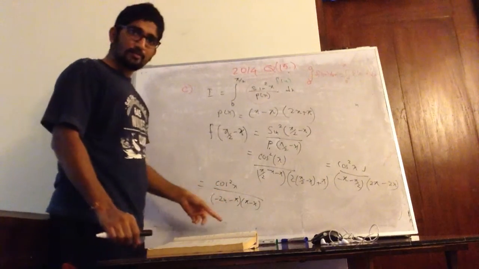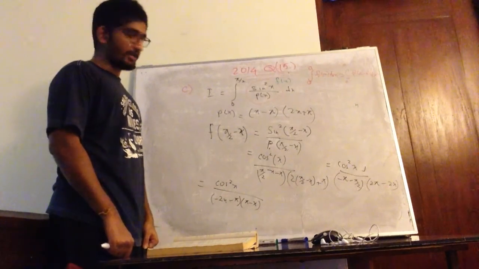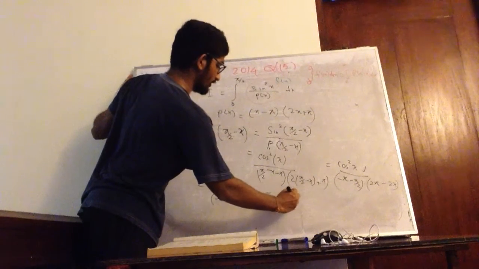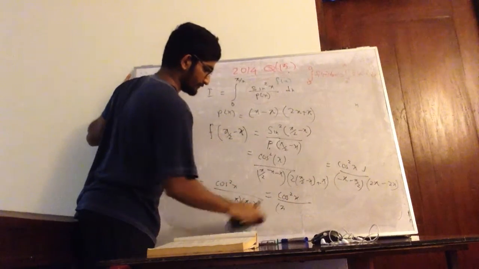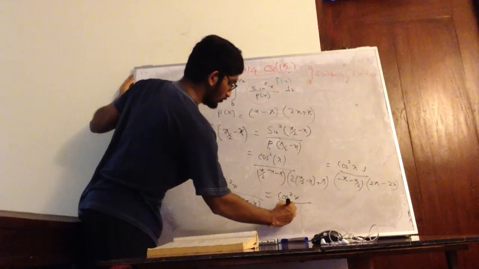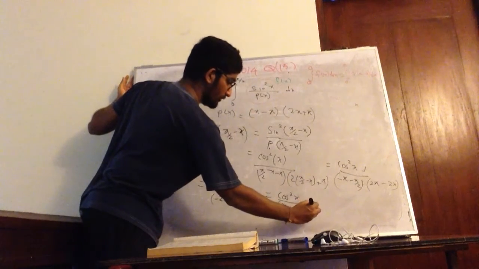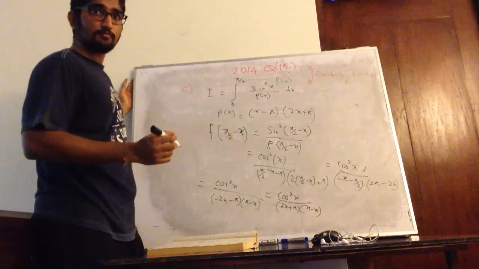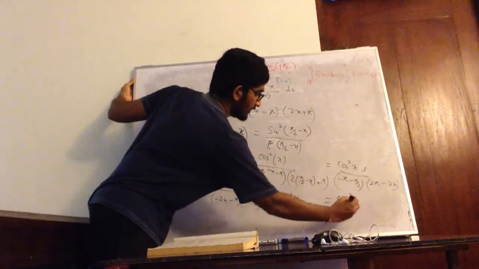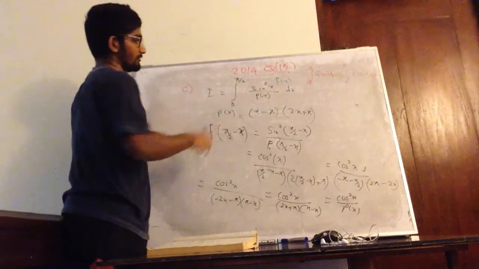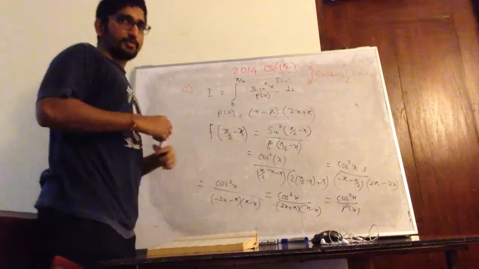I am going to take this minus out, and then I will get 2x plus pi, and from that minus I can interchange this term, which will be x minus pi. So this is basically cos squared x times p(x). Okay, so I got up to here, so write it down.